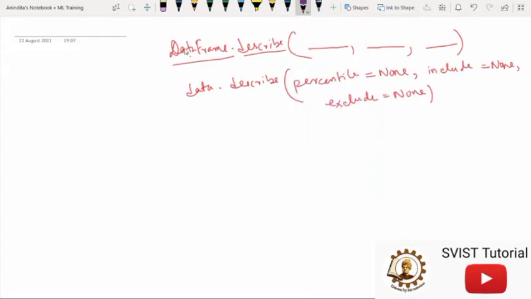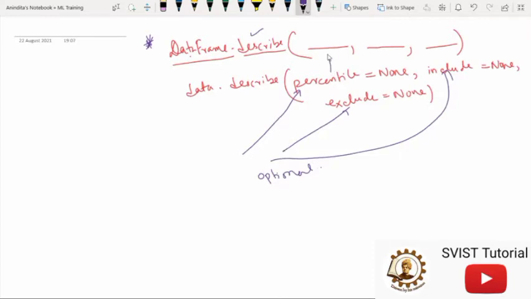Now try to understand the first point that you have to remember. In the basic syntax of this describe function, it is mentioned that all these 3 arguments are optional. So I may include them or I can exclude them. Whenever you are dealing with any function, go and check the Python specification about it, and you will find specific details about the arguments.